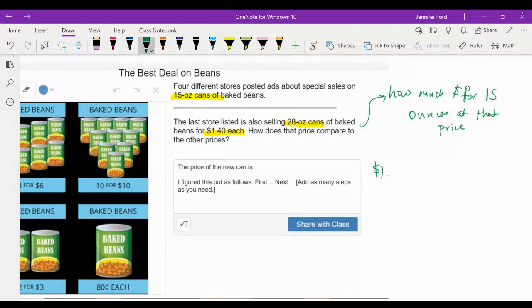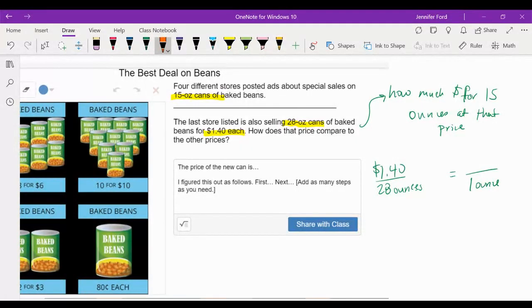So if it's $1.40 for 28 ounces, I'm going to take that down to 1 ounce. To do that, I divide by 28. So 1.4 divided by 28 is 5 cents an ounce.